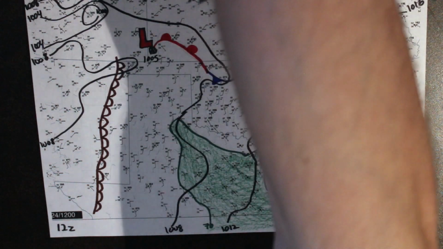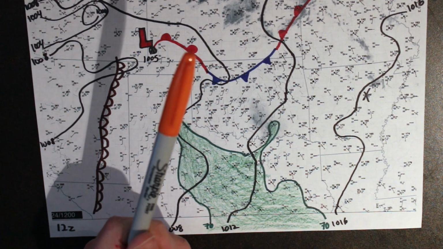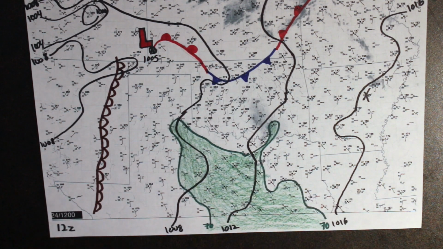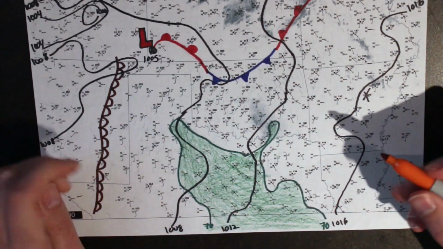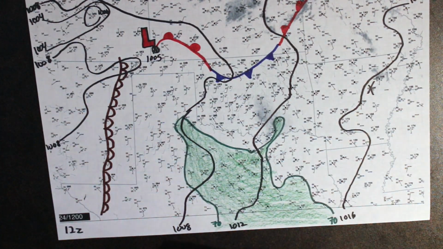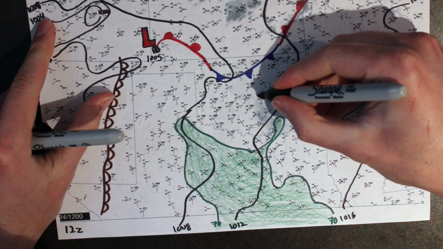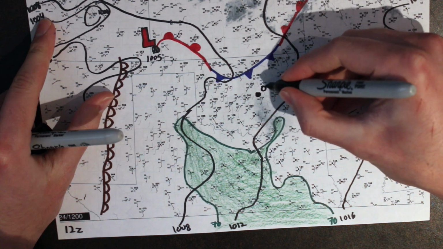Now what I want you to do is take an orange marker, or whichever marker you want really, and draw in that Storm Prediction Center outlook. Okay, in this case, oh yeah, and I want to point out here, Oklahoma City is about here.